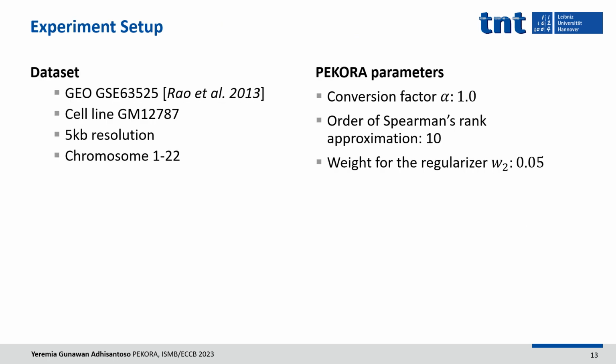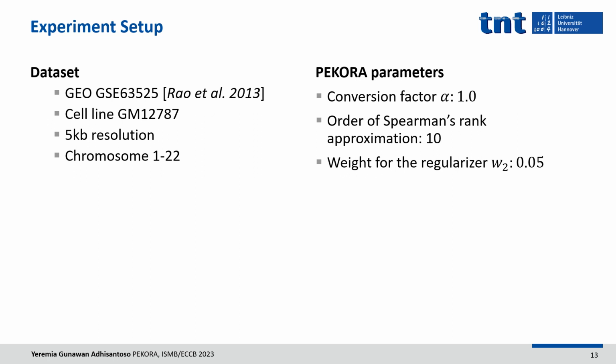For the experiment, we evaluate the performance based on the data set from Rao et al. in 2023. This is the data set commonly used also by other state-of-the-art methods to measure the performance. The dataset is based on the cell line GM12878 at 5 kilobase resolution, and it contains the contact matrix of chromosomes 1 to 22.